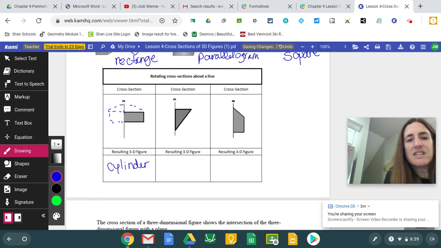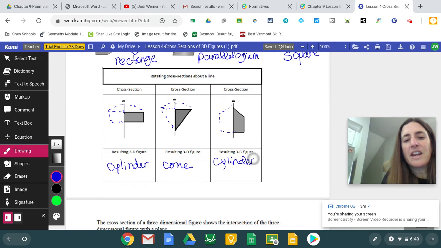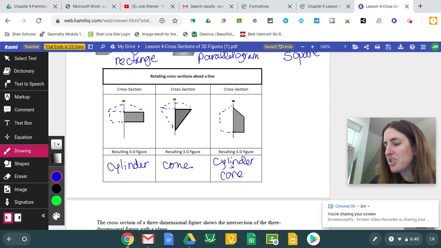If you were to take this triangular cross section and rotate it around, we're not going to get a cylinder, but this time a cone. And if I were to take this shape and rotate it around, I would end up with a cylinder and a cone on top. So it's going to be a combination of the two things.